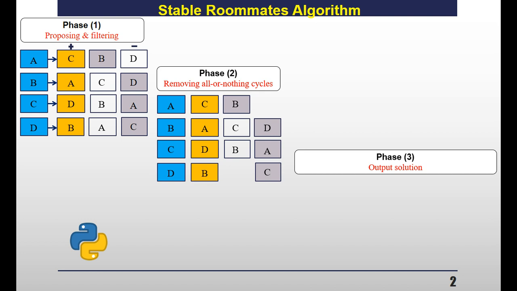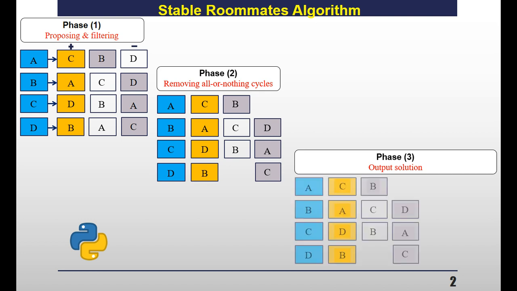The next phase is called output solution. In this step, we find the solution by creating matrices called Q and B, where Q represents the last preference and B represents the second preference. We choose a user who has more than one choice, so we can choose A as our player.